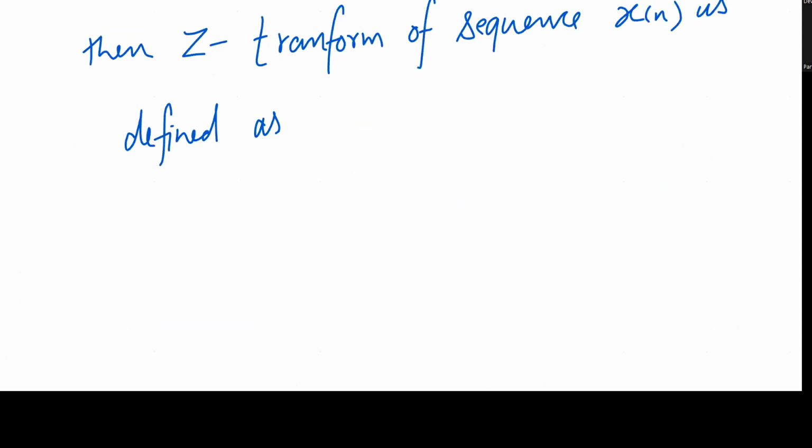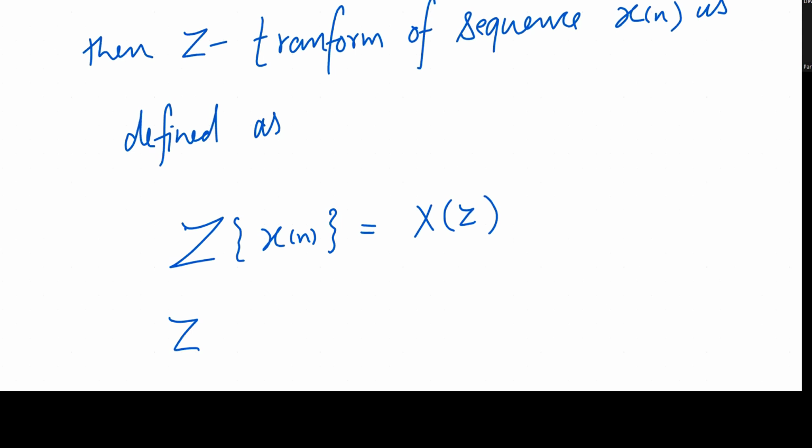Okay, it's okay. Defined as, or we denote the Z transform by using this symbol, as we are finding it for x(n). So we write it as X(z) is equal to, either by using this symbol or this symbol also.